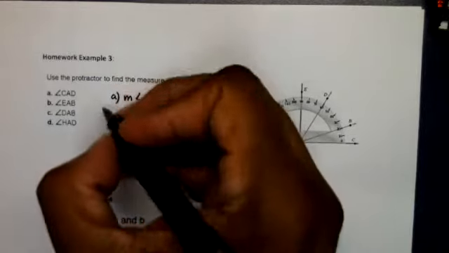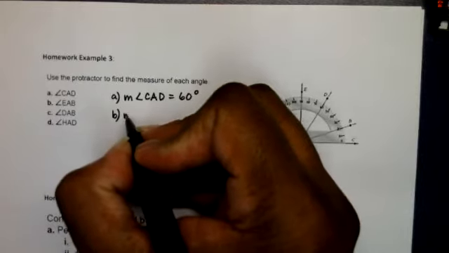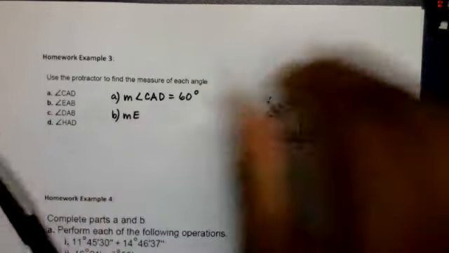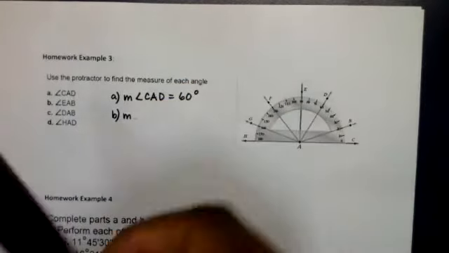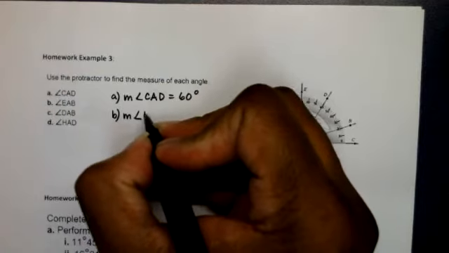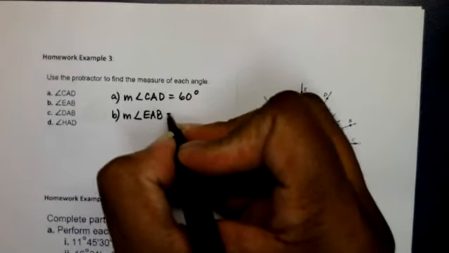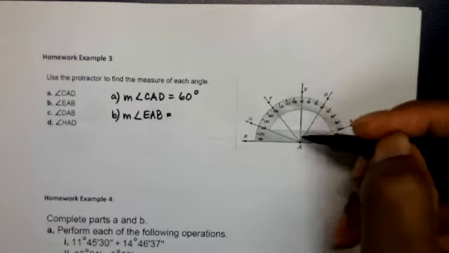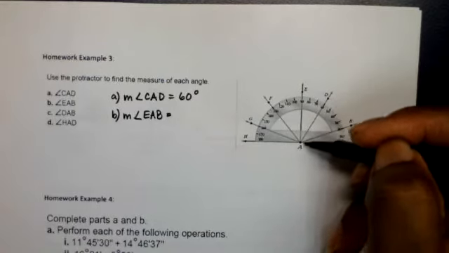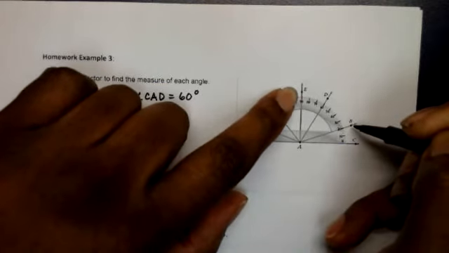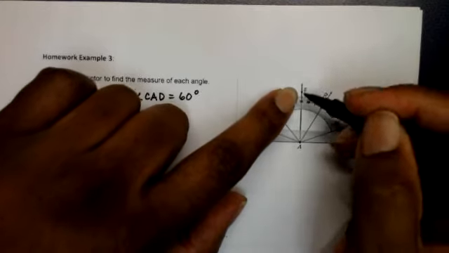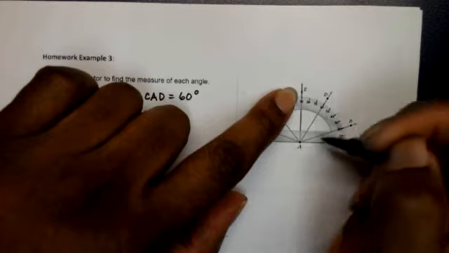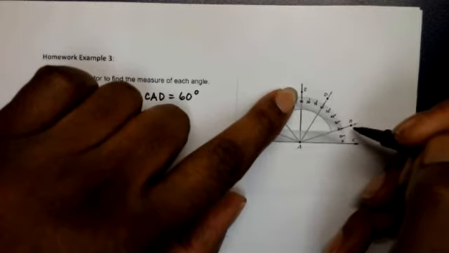Then part B is the measure of angle EAB. Let's see here. Here's E up here. There's A and that's B. Let's look at where these rays are crossing on this protractor. Since it's not positioned at 0, we're going to find out where these rays are crossing the protractor, and then we subtract.